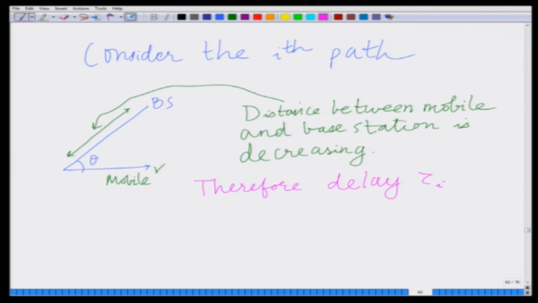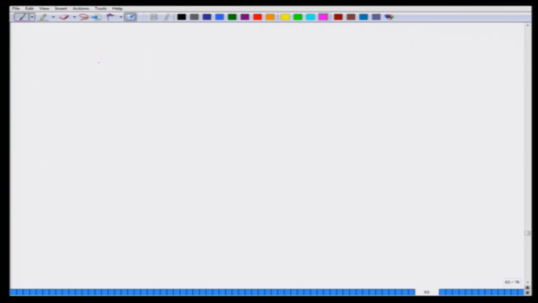Now, how fast is this changing? If I write tau_i of t, remember tau_i is a function of the distance. So, for a given time t, the distance is decreasing by v cosine theta t, and therefore the delay is decreasing by v cosine theta t divided by c.